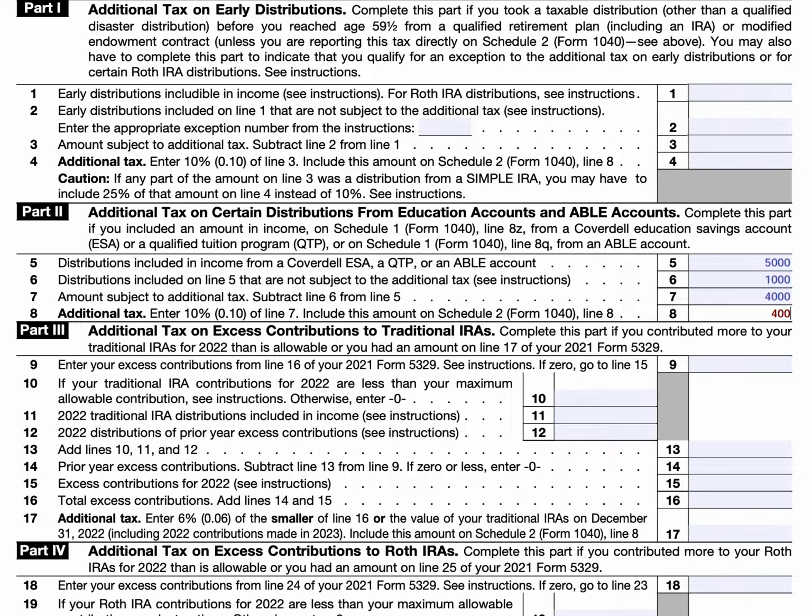And in the instructions, there is a table for each tax year dating to before 1997 of the contribution limits for IRA contributions.